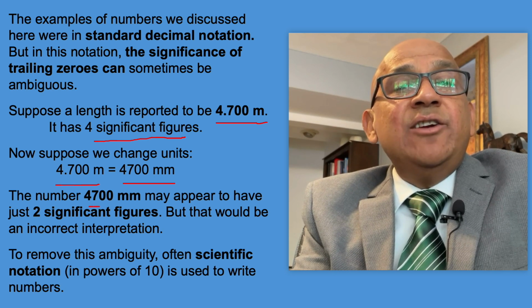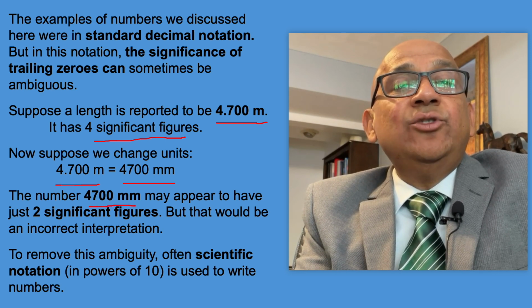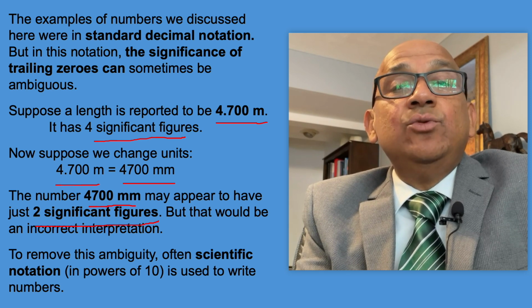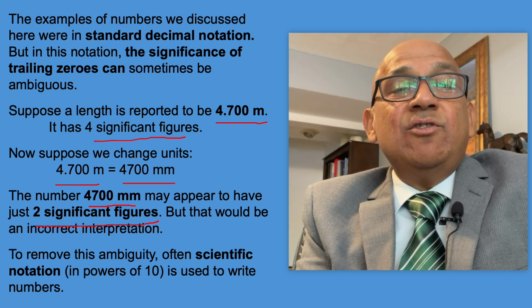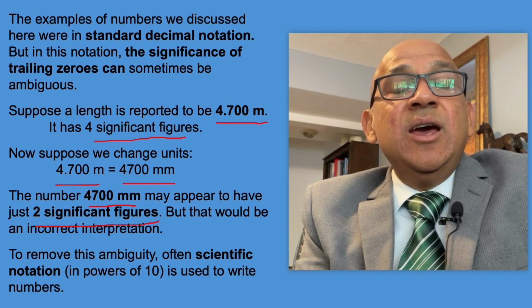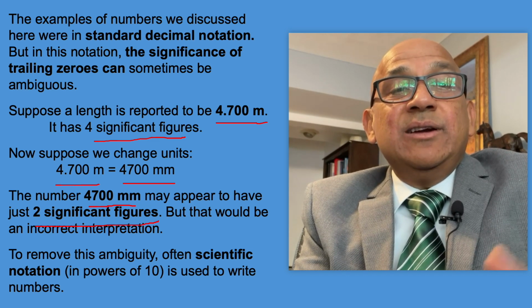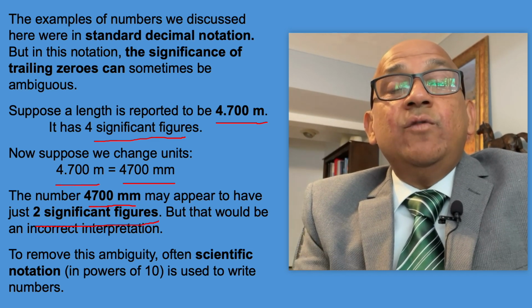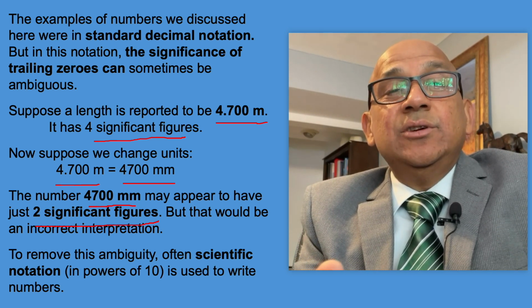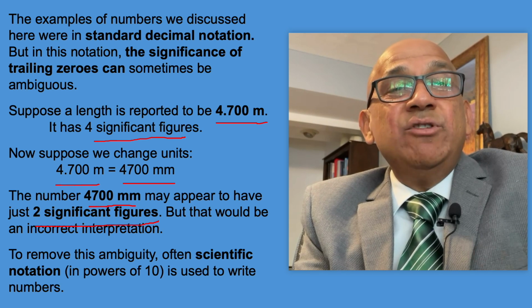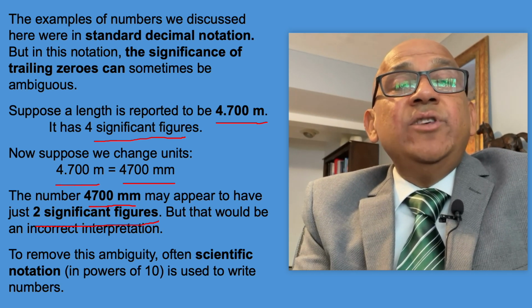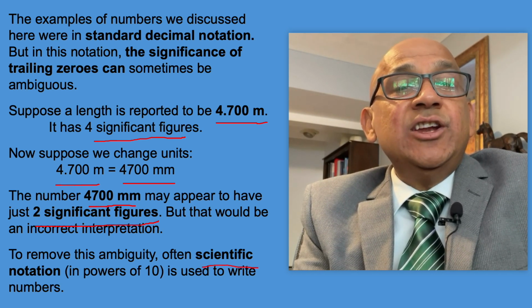The number 4700 millimeter may appear to have just 2 significant figures based on the rules which we learned in the last slide. Right? We saw that trailing zeros are not significant. But that would not be correct in this case, because when you convert the unit, the significant figures should not change. But here, because of this ambiguity, it is changing. To remove this ambiguity, often scientific notation is used.